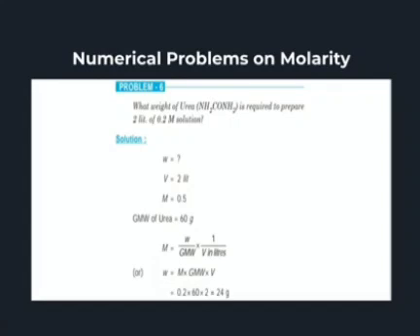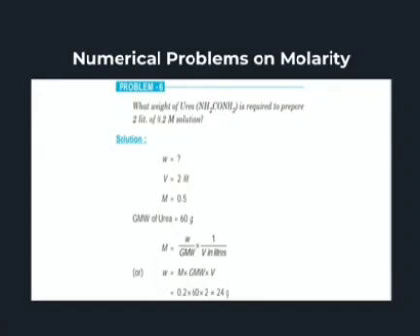See, in that molecular formula there are 2 nitrogens, 1 carbon, 1 oxygen and 4 hydrogens. So 2 into 14 plus 1 into 12 plus 1 into 16 plus 4 into 1, that is equal to 60. Now the molarity capital M is equal to weight by gram molecular weight into 1 by V in liters.